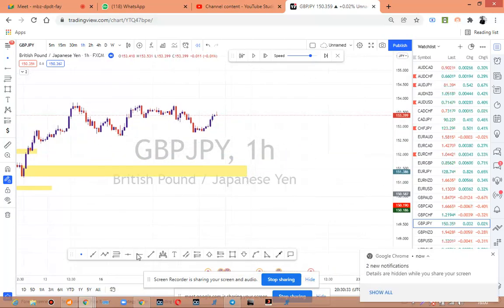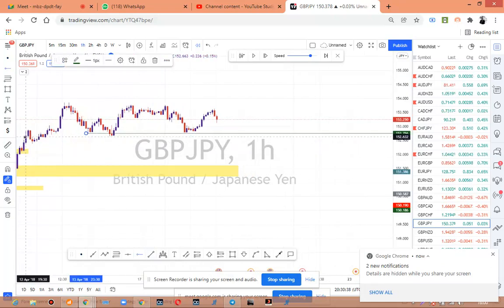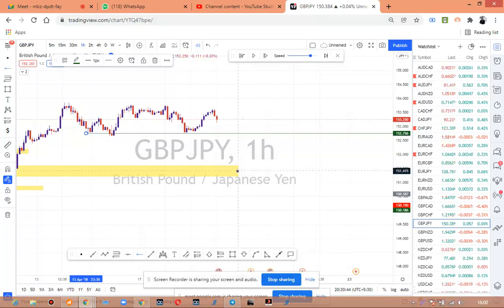Okay, but here we can see support. So once the price breaks the support, we expect the market to go down straight to this demand zone.